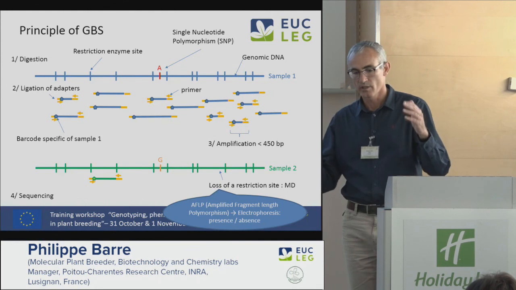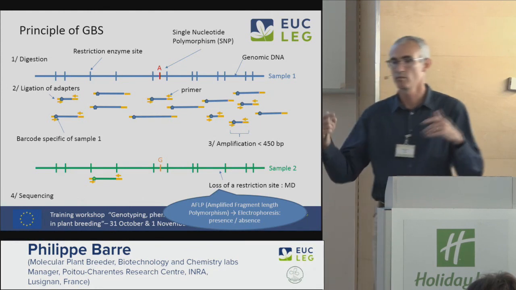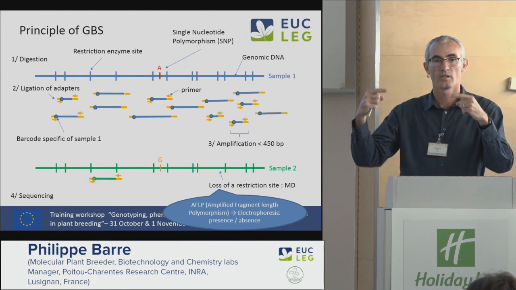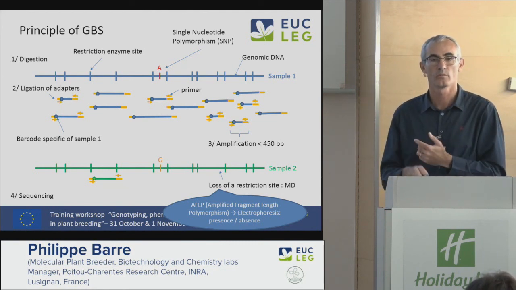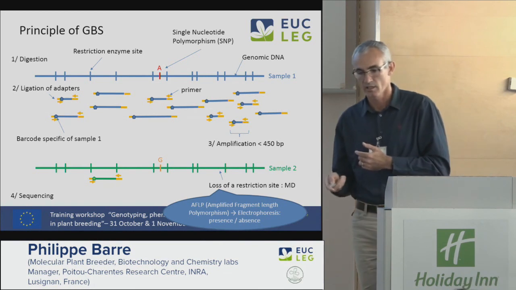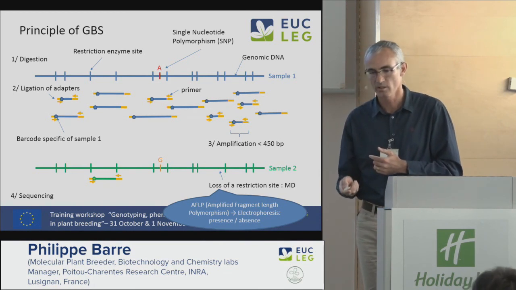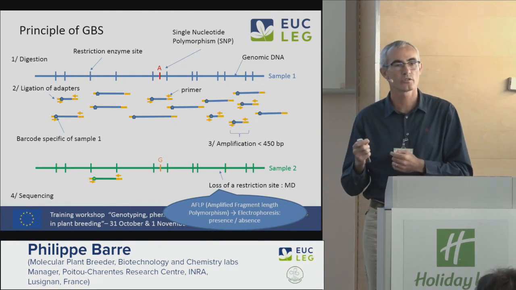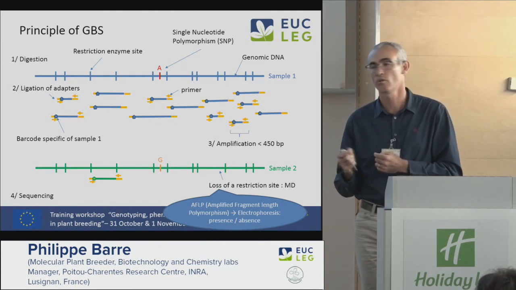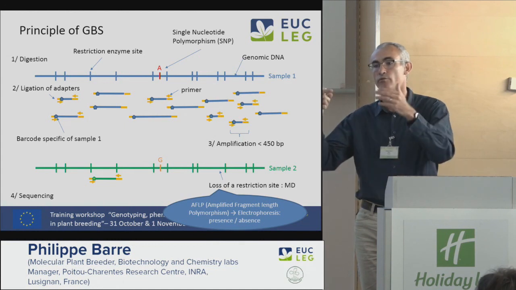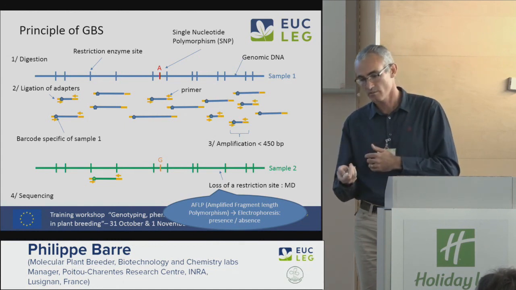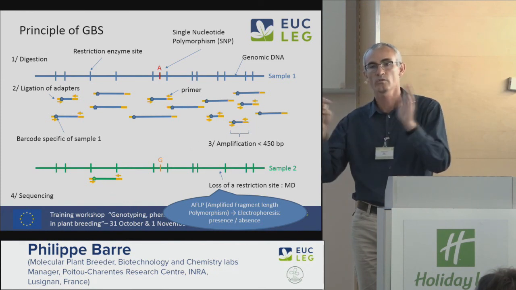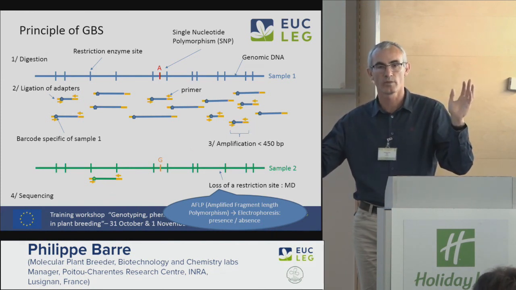So, okay, we now have fragments with adapters, and we can do a PCR with that. The amplification is the first selection of your fragments, because the amplification won't work with very long fragments.